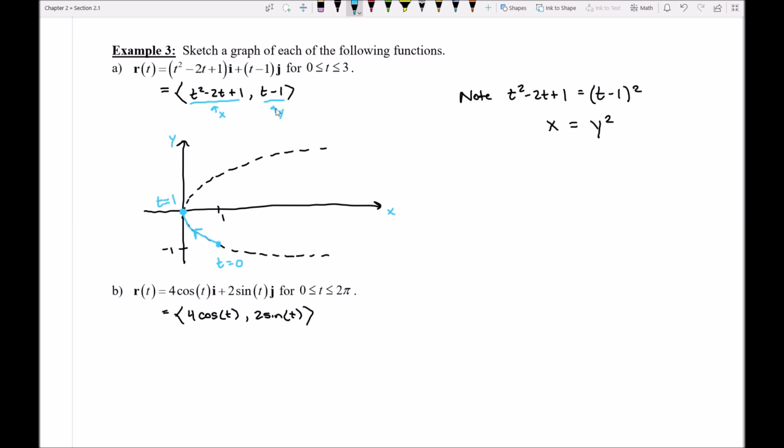Now, if I plug in the value of 2, I'm going to end up here at the value of (1, 1). There would be a vector that points out there. And so I can see that I should keep moving. This is when t is equal to 2. And finally, if I get to t equal to 3, that would give me an x value all the way out at 4, and a y value up at 2.